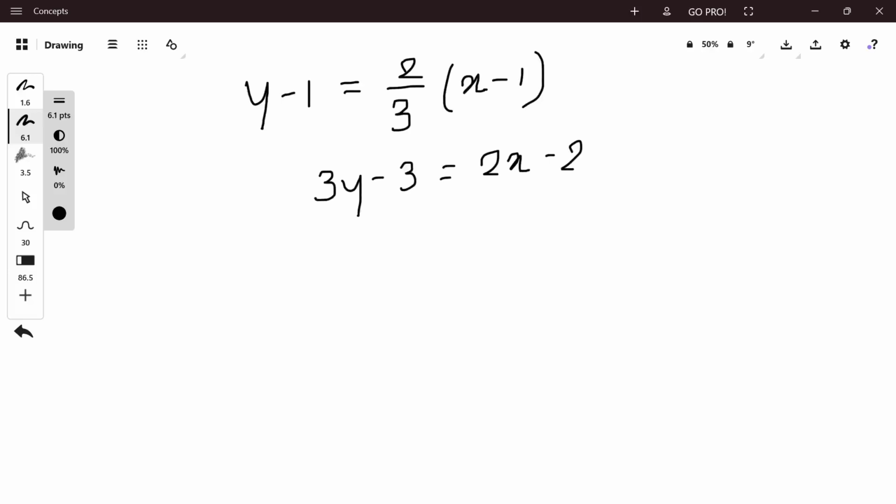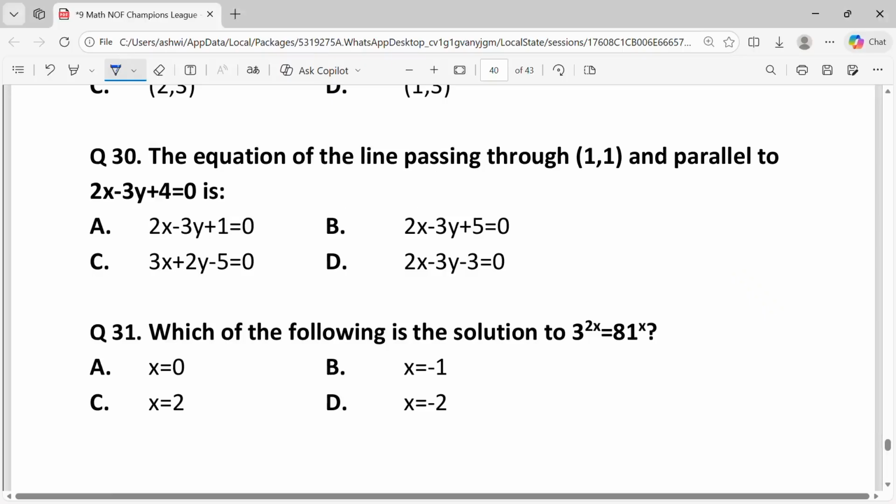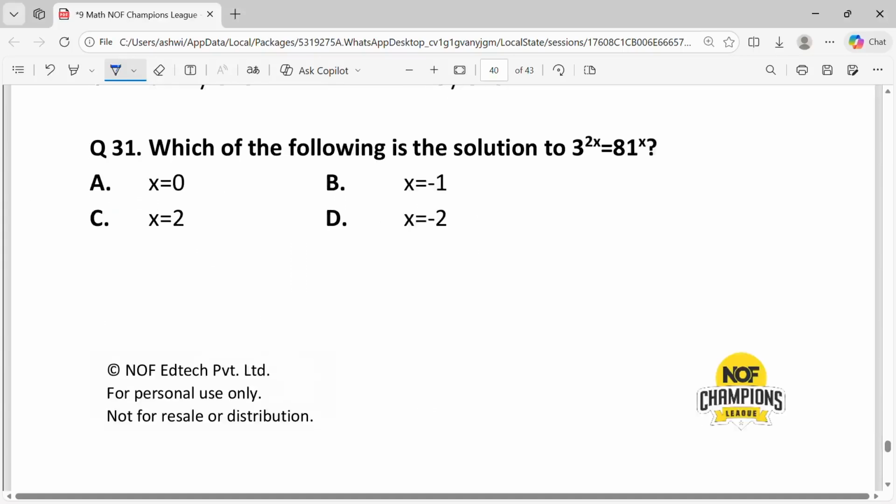Rearranging the terms to the general form ax plus by plus c is equal to 0, we have 2x minus 3y plus 1 is equal to 0. Comparing with the given options, the answer is A, 2x minus 3y plus 1 equal to 0.